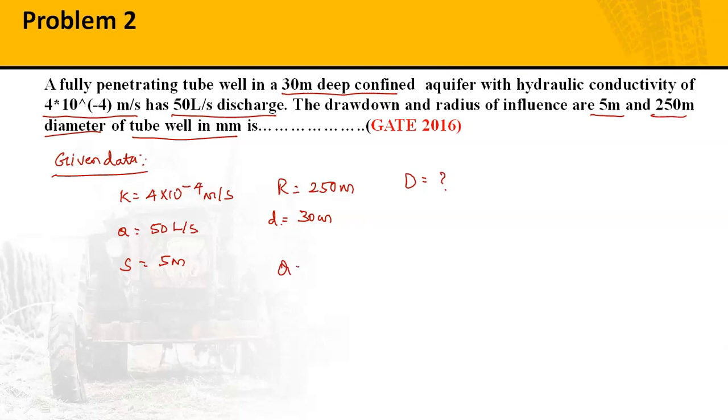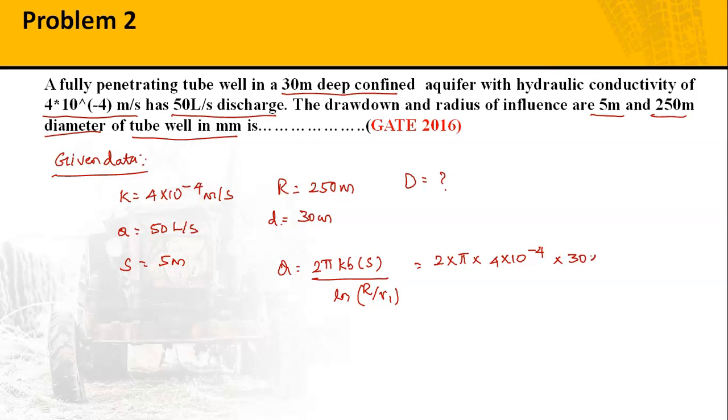As you all know, Q is equal to 2 pi K b S divided by ln of R by R1. So 2 into pi into K, they have given 4 into 10 to the power of minus 4, thickness they have given 30, into 5. Here the drawdown is 5 meter.